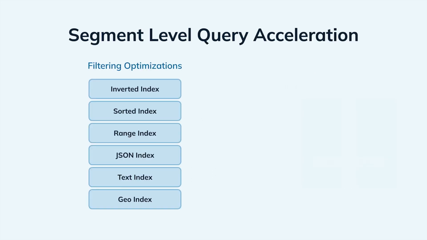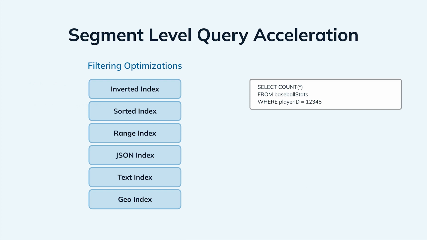And Pinot, this is the best part of Pinot, comes out of the box with a wide range of indexes, which can accelerate different kinds of use cases. So you have inverted index and sorted index, which work on numerical values, and you can do things like lookup pretty fast. So if you're going to filter on some column with an equal to clause, these two indexes work great.